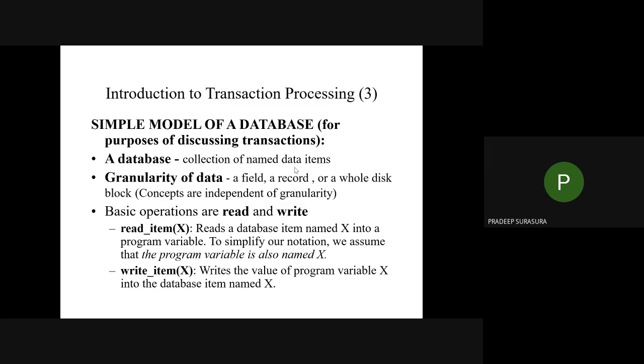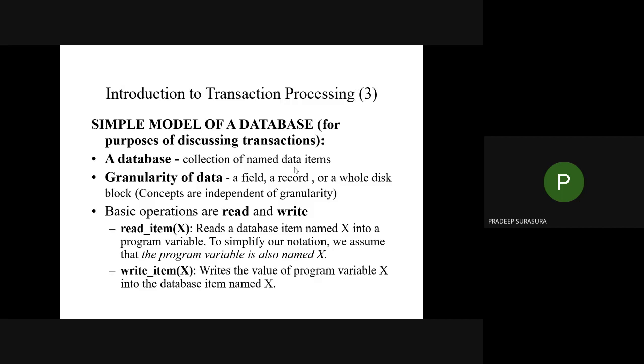Okay, so granularity means data will map according to what you have asked for, whether it may be a field, a record, or a whole database in that instance. So please remember, we are always doing only two operations: either a read operation or a write operation.